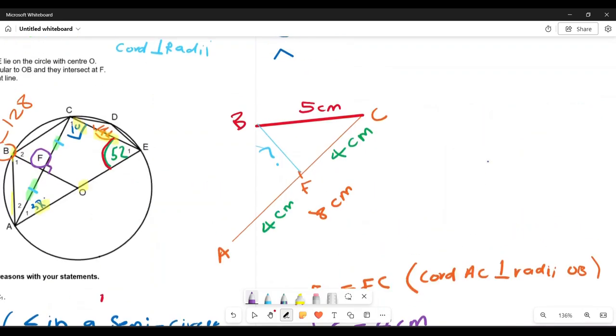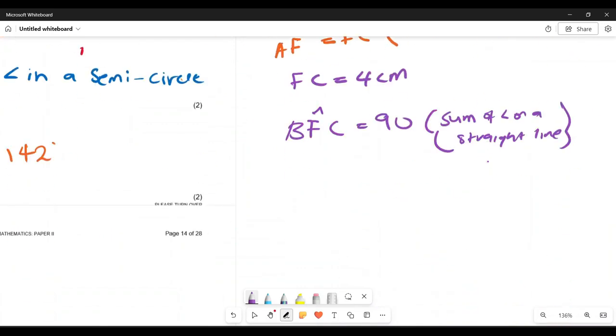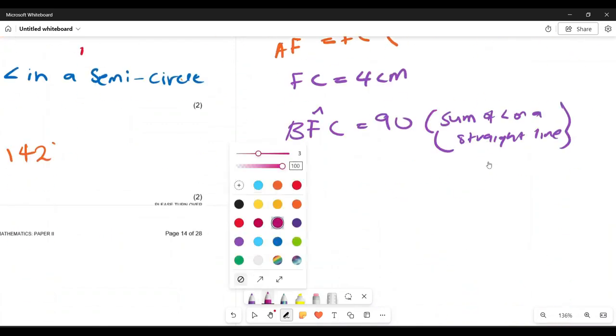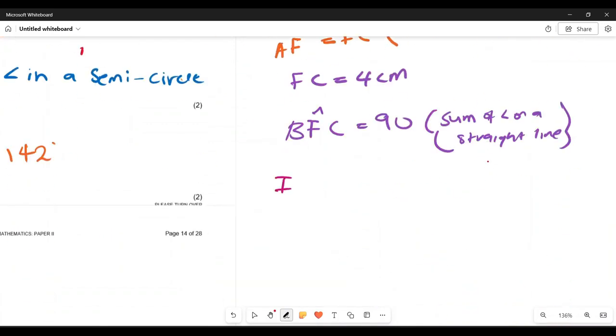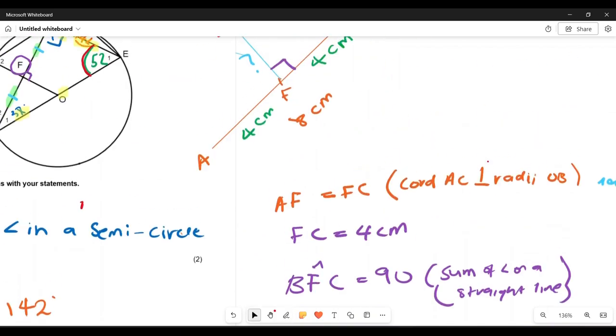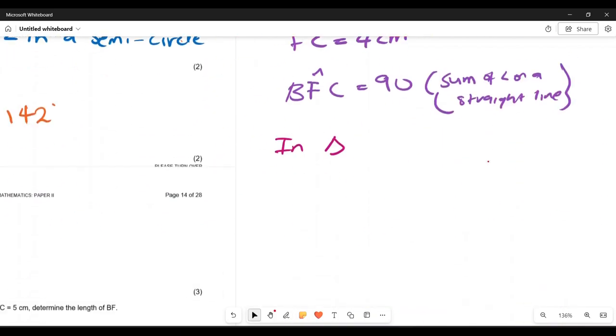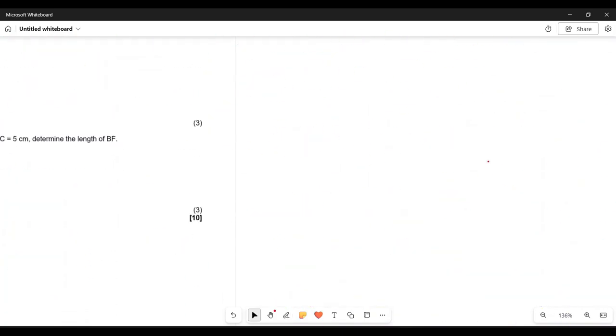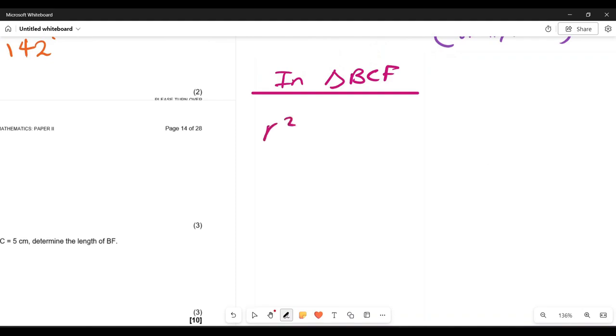So I know that the angle here is 90 degrees. This simply means that to find my BF, I can use the theorem of Pythagoras in this instance, because I have a right-angled triangle. First I'm going to start by mentioning the right-angled triangle that I have. So in triangle BCF, I'm going to use the theorem of Pythagoras, whereby r squared is equal to x squared plus y squared.